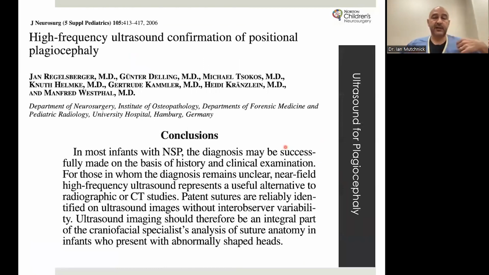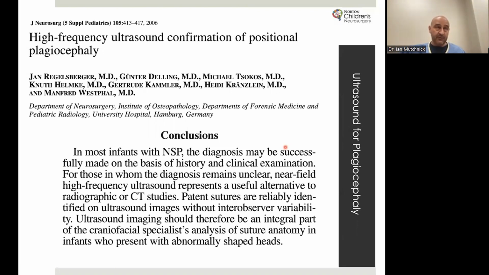A lot of people, when I tell them about ultrasound for plagiocephaly, seem surprised. So it is something that's been vetted. It is the case that patent sutures are reliably identified on ultrasound images without inter-observer variability. In my experience over the past 10 years, it's been very helpful in avoiding radiation.